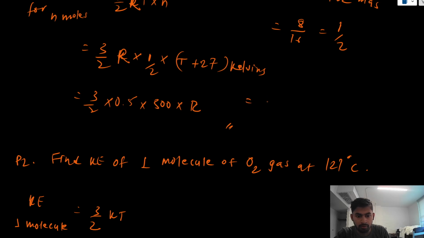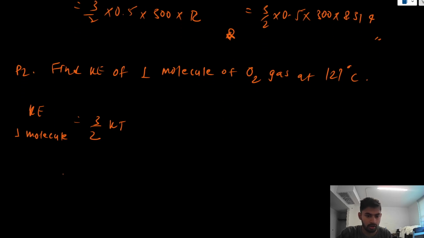So it would be 3/2 times 0.5 times 300 times 8.314 over here, and here we will have for 1 molecule 3/2 times k times T, since it's for 1 mole of oxygen gas, and T would be 273 plus 127 kelvin.